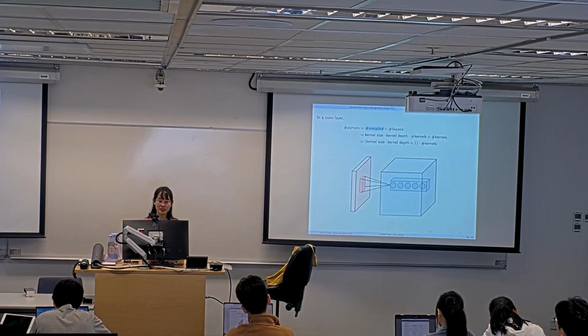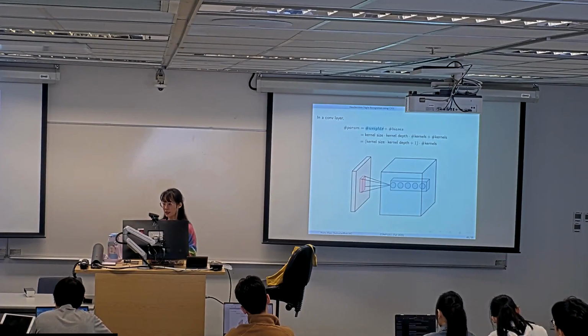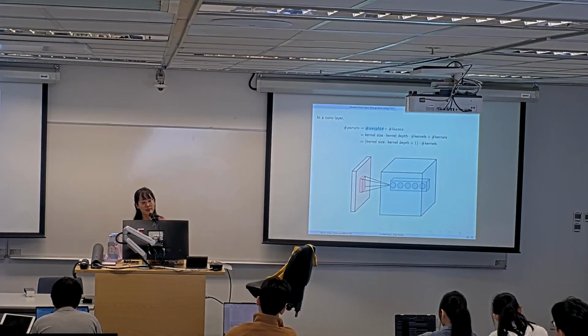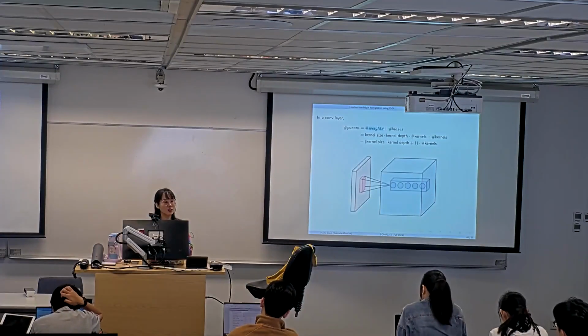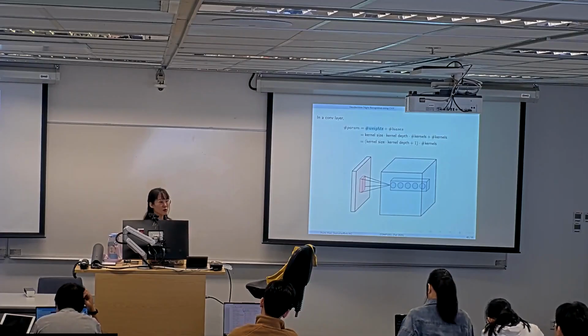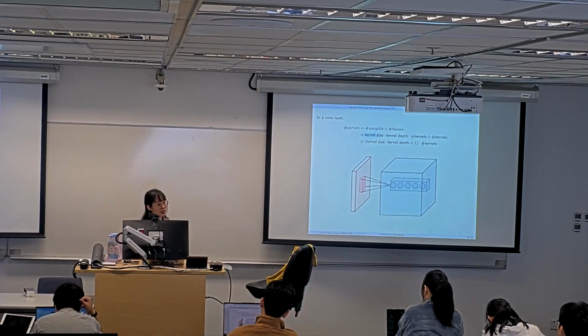Because we know that the kernel is a matrix with many values, and each value is a weight parameter. So to get the number of weights, we need to get the number of values in the kernel. For each single kernel, the number of values would be the kernel size times the kernel depth.